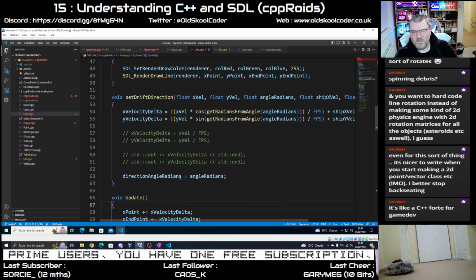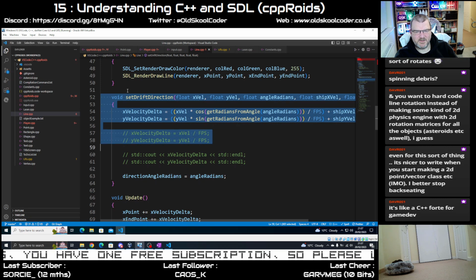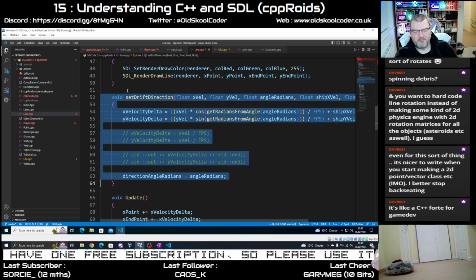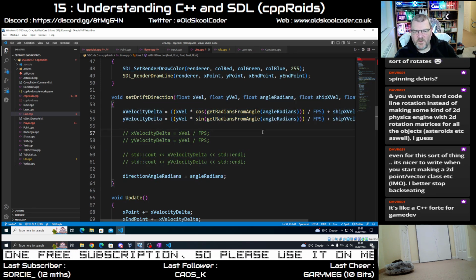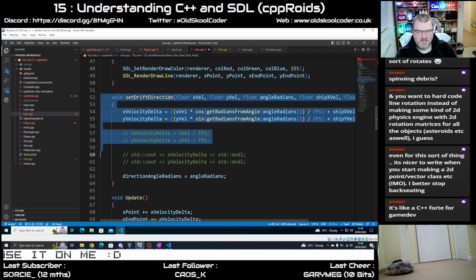So we've got set drift direction, which is fine. So we need to create another function to set rotation.